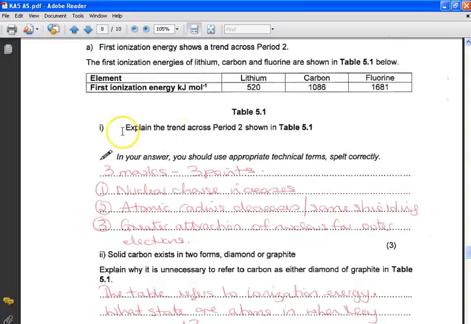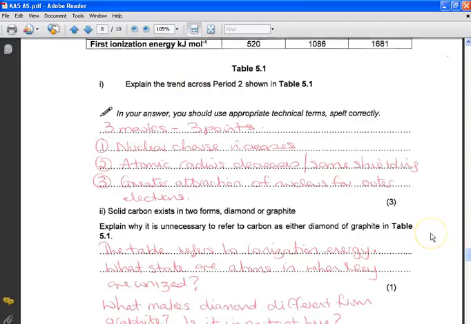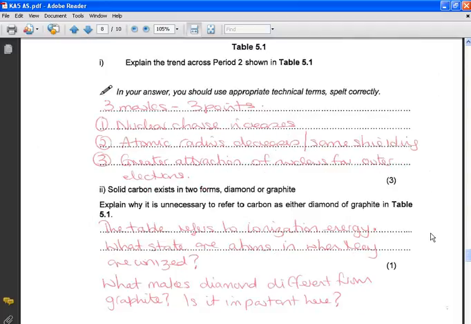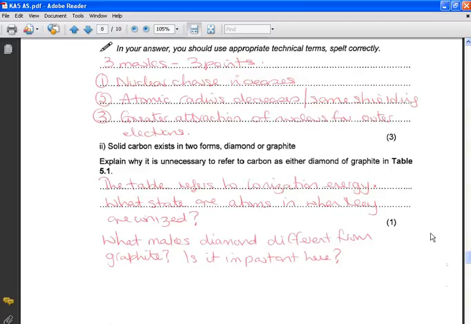Okay. Explain the trend across the period. So don't forget to do the explanation. You give the reasons, the nuclear charge increasing, atomic radius decreasing, hence that leads to this greater attraction of the nucleus. So that gets you the 3rd mark. Okay.